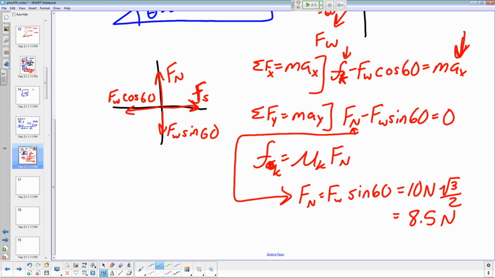If this is 1.7, 5 times 1.7 is 5 times 1 plus 5 times 0.7. That's 5 plus 3.5, which is 8.5. So that's our normal force.